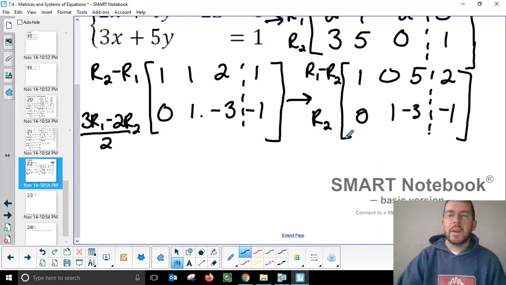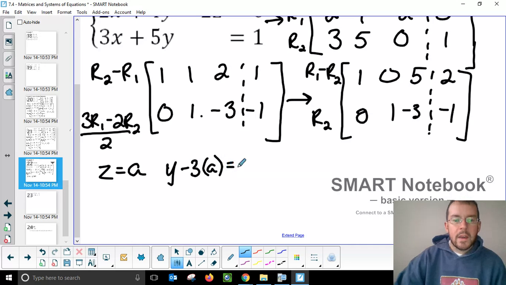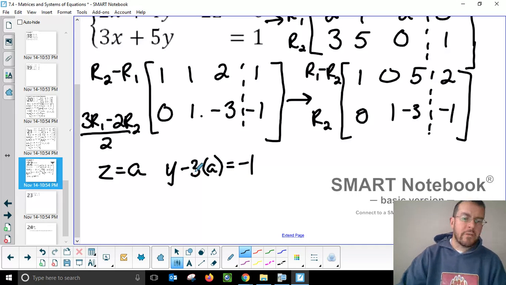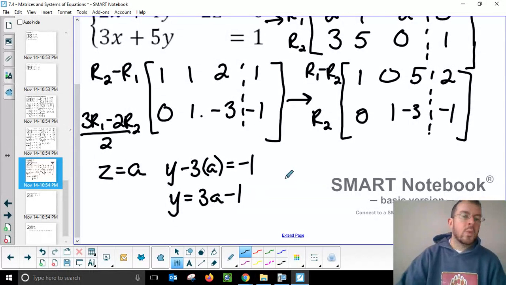So this is where I say, okay, z is equal to a. Now up here, I can say y minus 3z, which is a, is equal to negative 1. So this is negative 3a. I just add 3a to both sides. So y is equal to 3a minus 1.